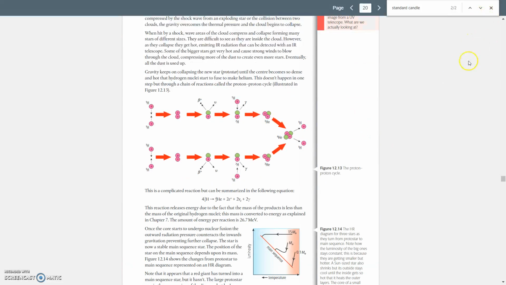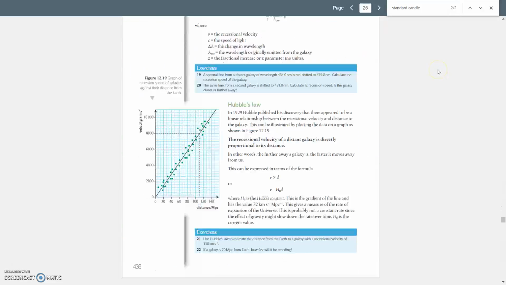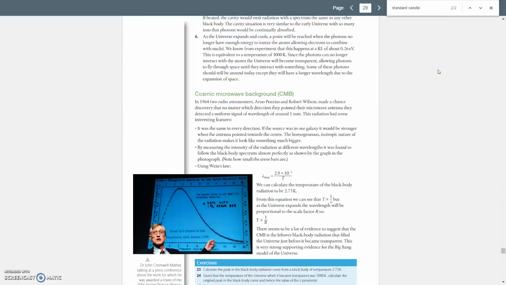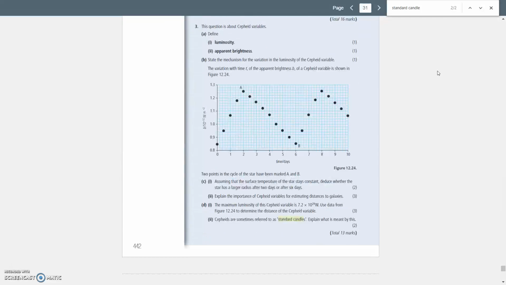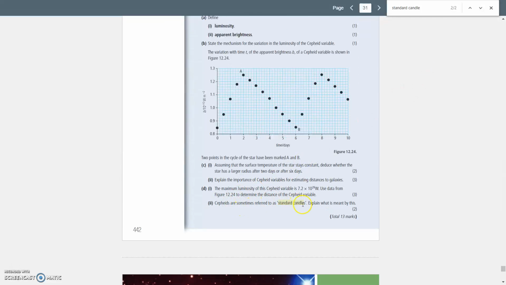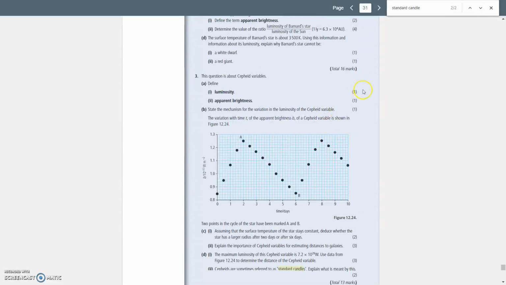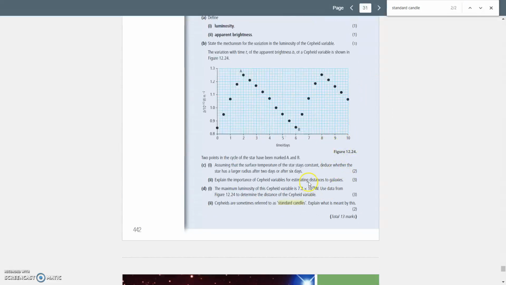And that's basically it. This question was worth a total of 13 marks, and you can see a majority of it comes from the conceptual parts of astronomy.